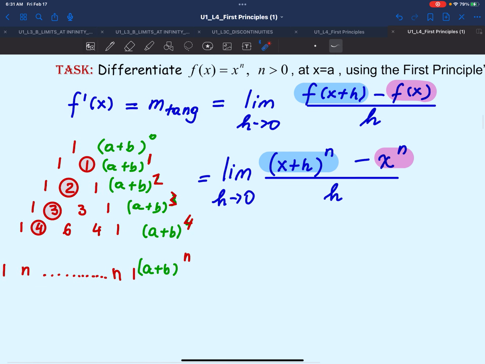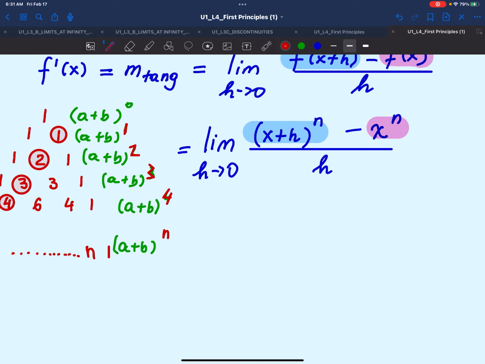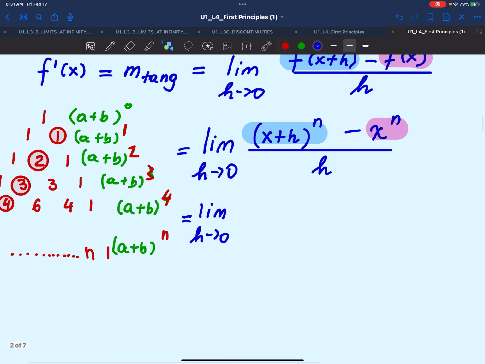So let's expand this together. Here we go. We're going to write here the limit as h approaches 0. Long, long line. So we are expanding x plus h to the power of n, which means that x to the power of n will be the first term. h will be to the power of 0 here.